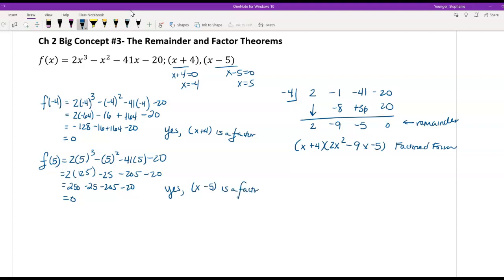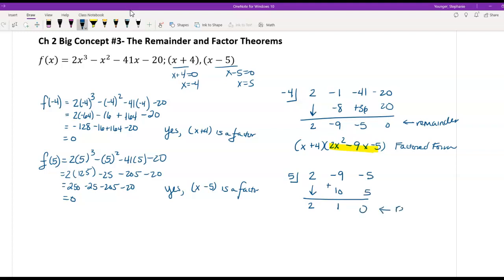However, because we've already done our factored form once, we're actually going to use our synthetic division using this 2x squared minus 9x minus 5. So we have 5 is our c. Our leading coefficients are 2, negative 9, negative 5. Bring down the 2. 5 times 2 is 10. Negative 9 plus 10 is 1. 5 times 1 is 5. 0.